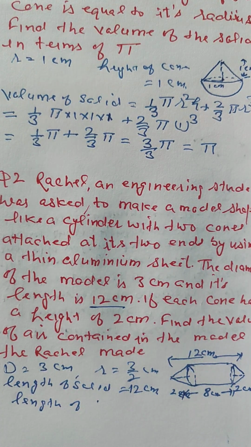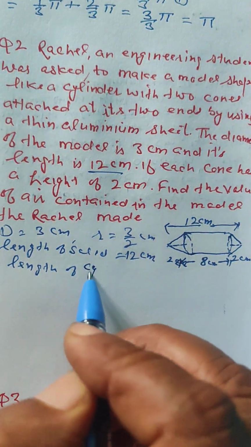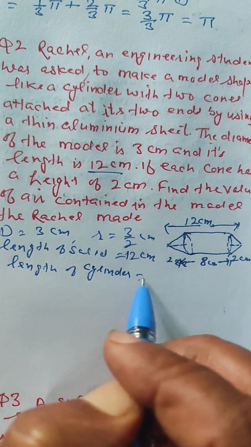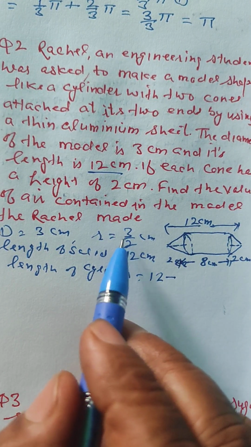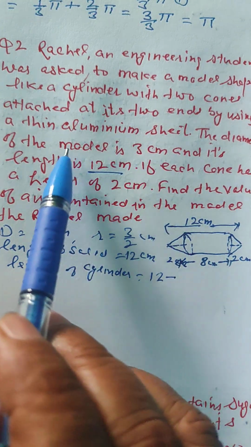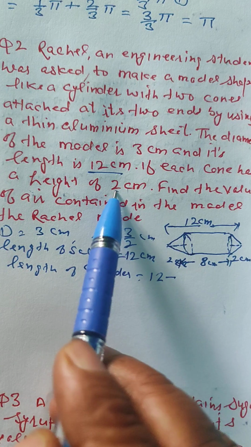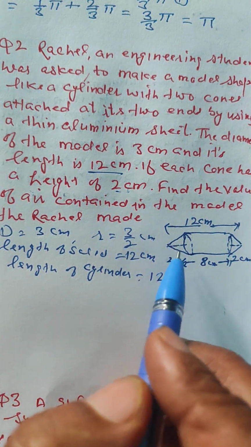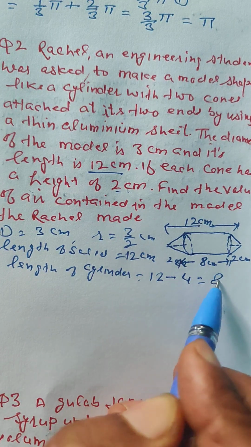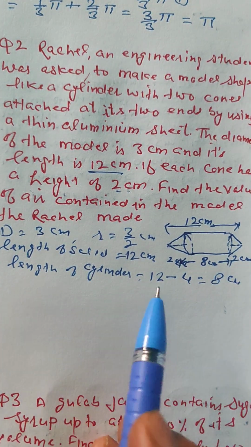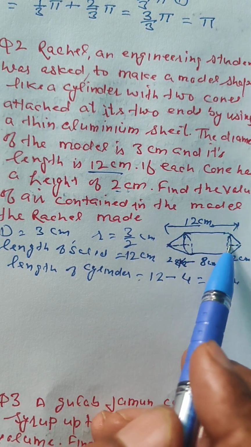So the length of the cylinder is equal to 12 minus the heights of the cones, and each cone has height 2 centimeter. 2 centimeter is the height of this cone and 2 centimeter the height of this cone.